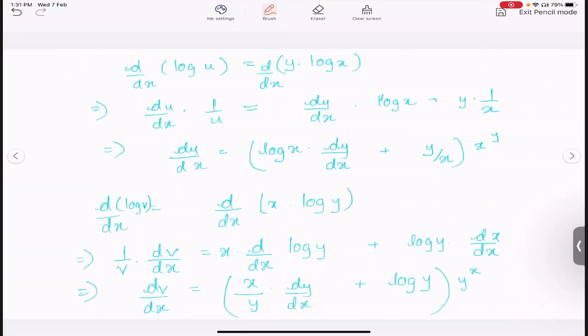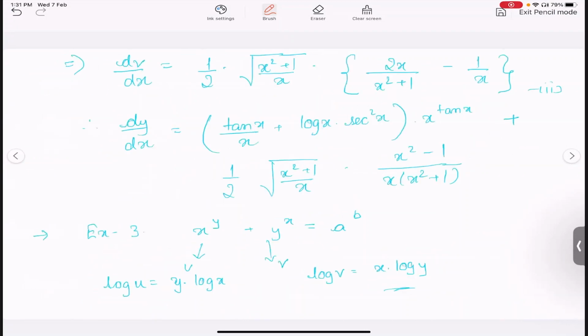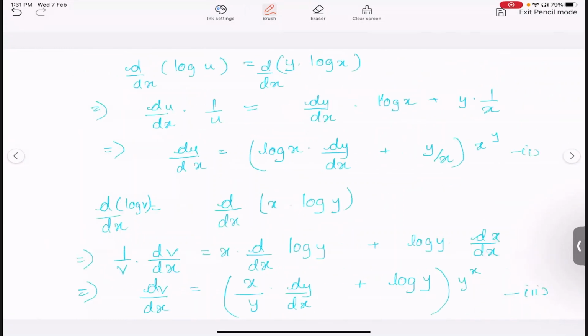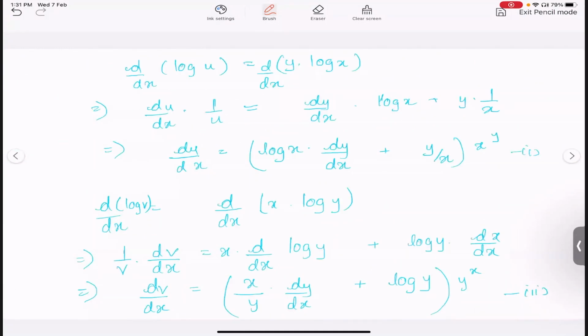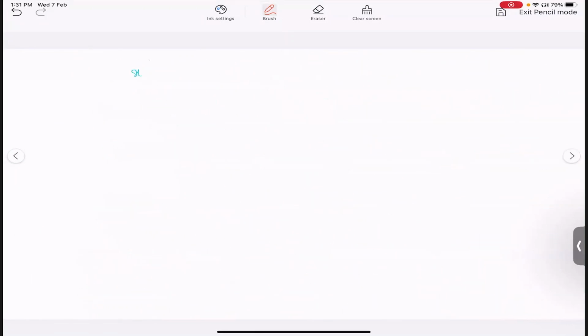So we'll add up these values, this thing 2 and 1 will add to the initial thing that we had. So this will become what we had initially, x to the power y plus y to the power x is equal to a to the power b.